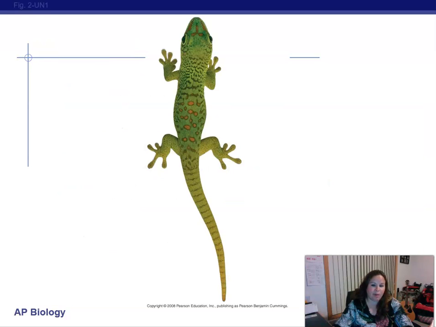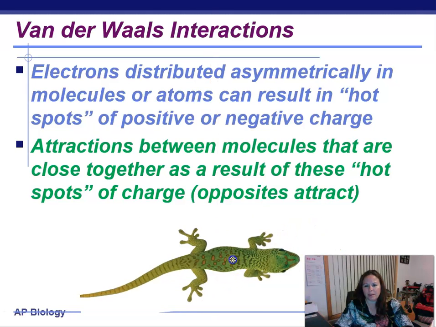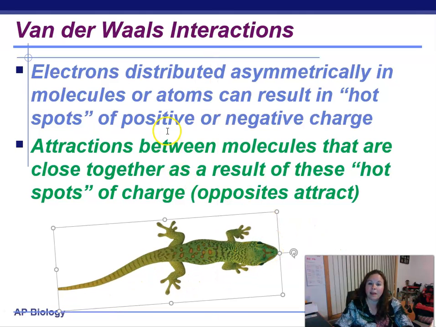The last type of bond has to do with this guy. They're called van der Waals, and these are pretty weak. What it turns out to be is that one surface has all of its atoms.